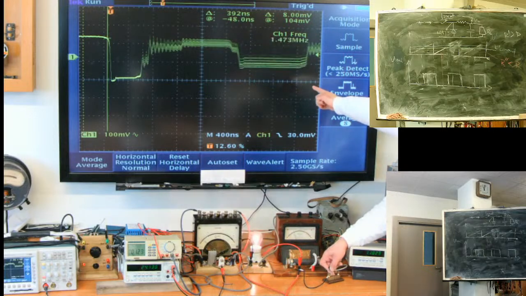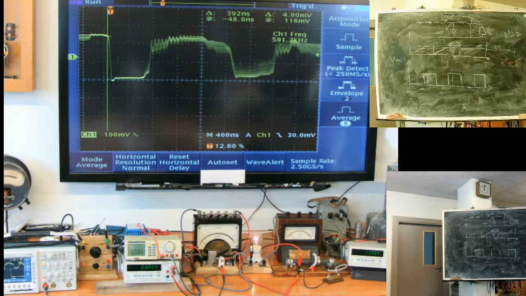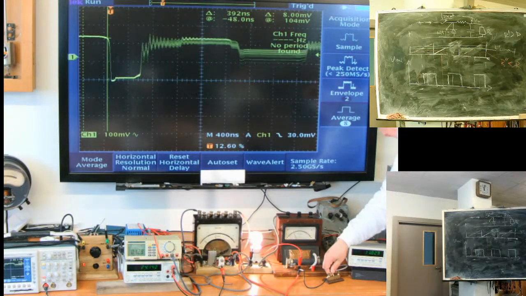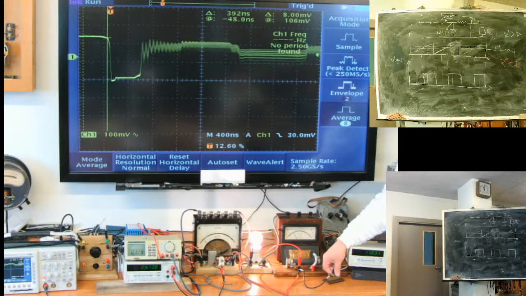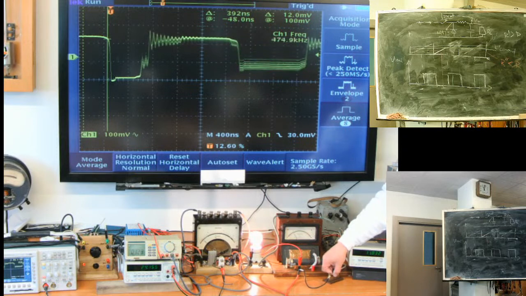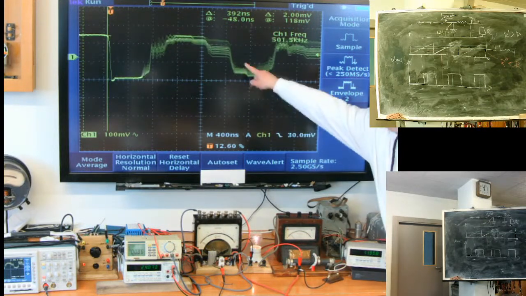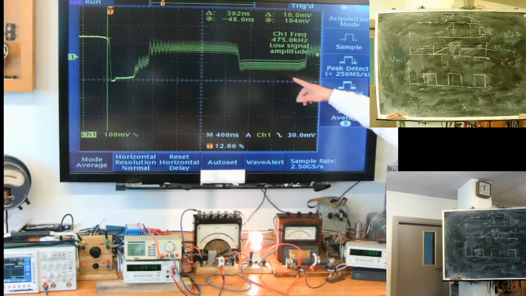You see how the width of the pulse, its area, changes. The area of the pulse is the amount of energy the coil will receive on each cycle. So, half a load, we have this area. Double the load, and you see how the controller reacts.